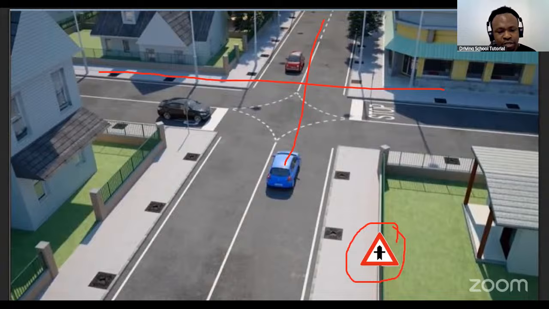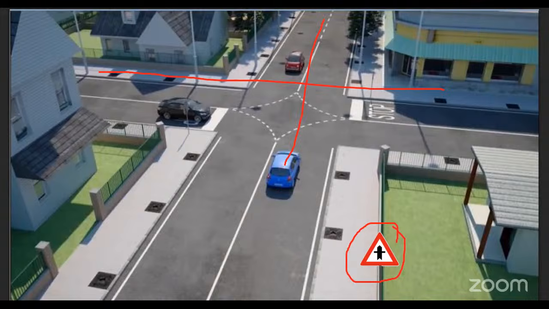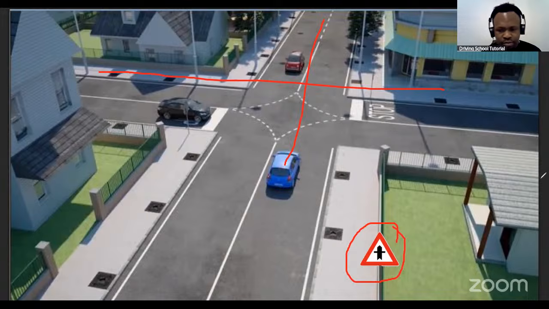It means all the vehicles that are coming from my left and right, I have right of way over them. Therefore, they will be the ones to stop for me to pass.